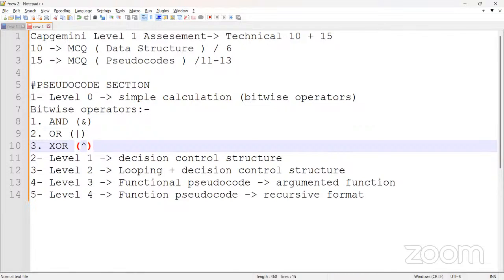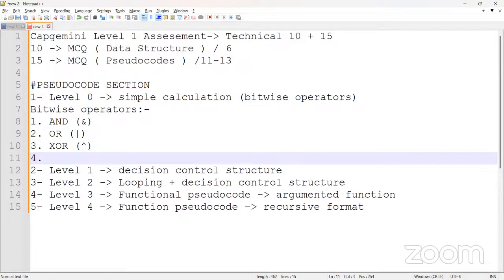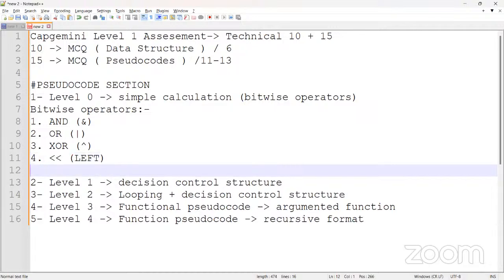Then left shift and right shift. Left shift is written like this, and right shift is written like this.